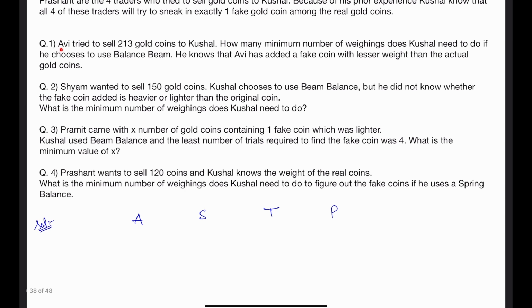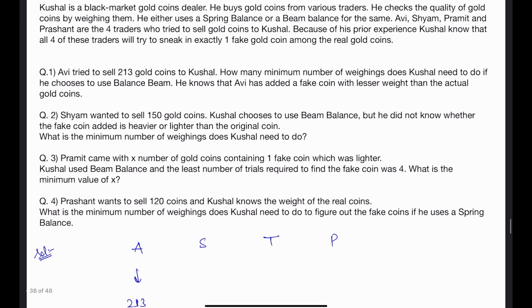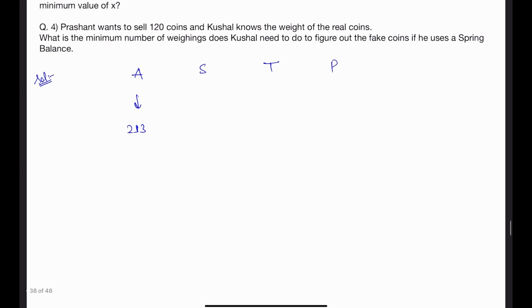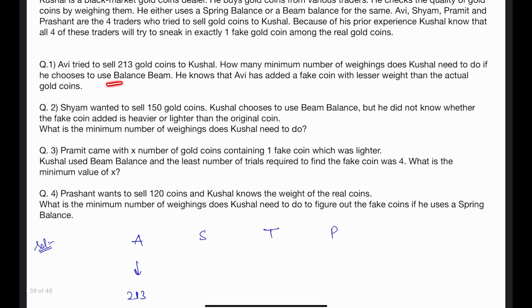Now the first question is, Avi tried to sell 213 gold coins to Kushal. How many minimum number of weighings does Kushal need to do if he chooses to use a balance beam? In this case, Kushal is choosing the balance beam.